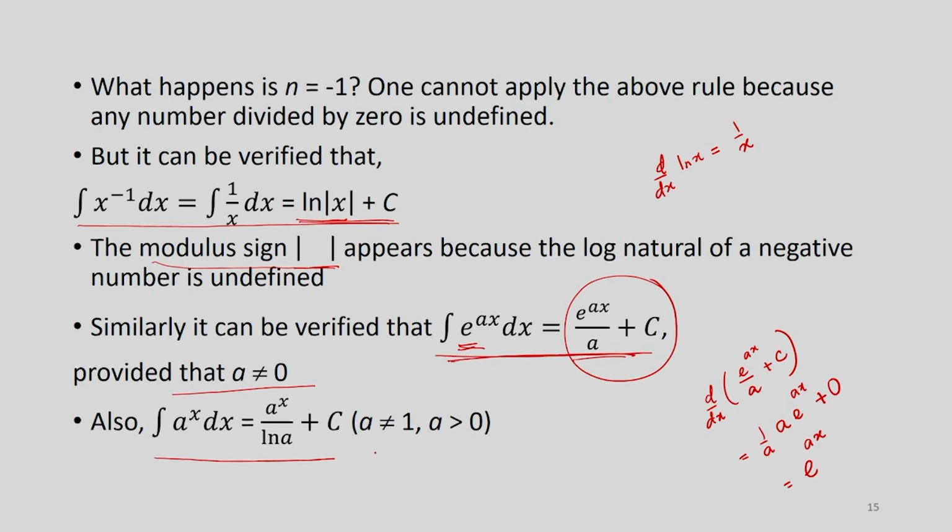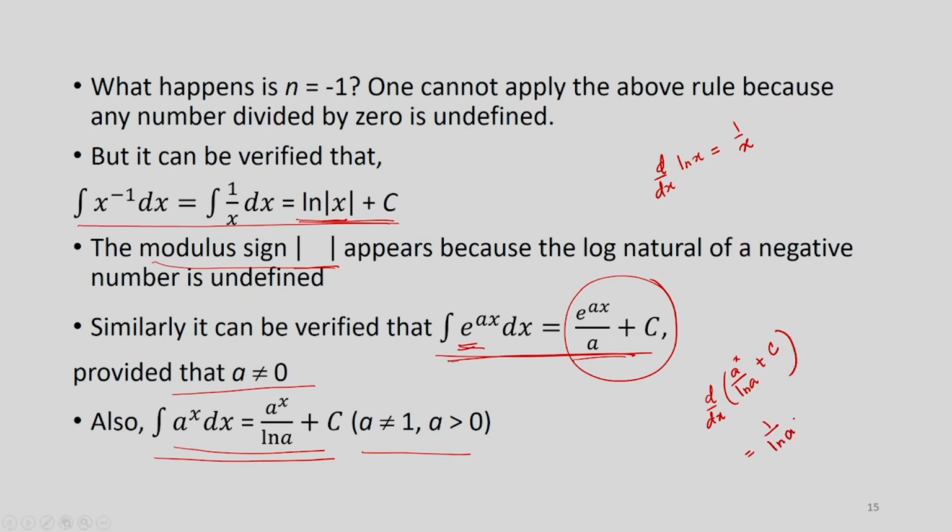So, these numbers, these conditions have to be satisfied. And I can again check whether this formula is all right or not. What I do is I take the derivative of the right hand side, which is a to the power x over log a.